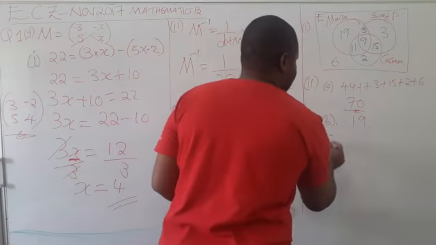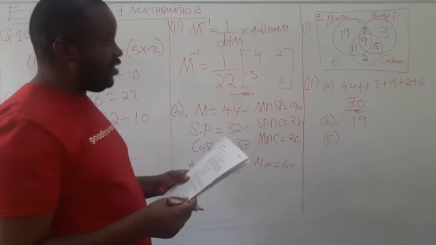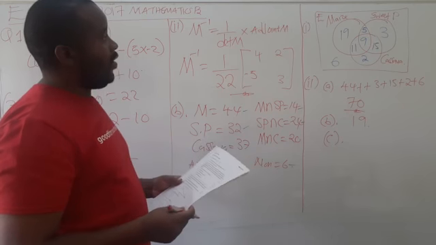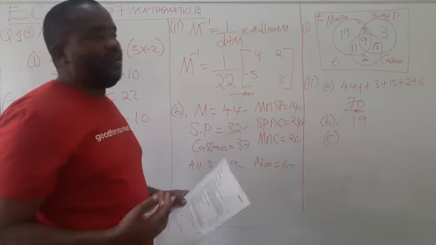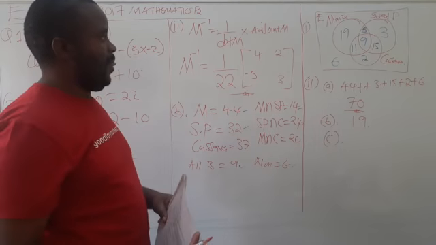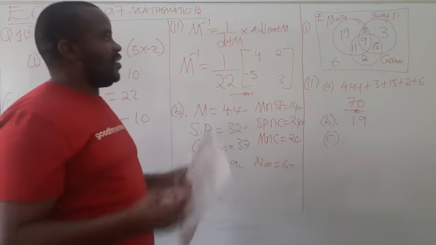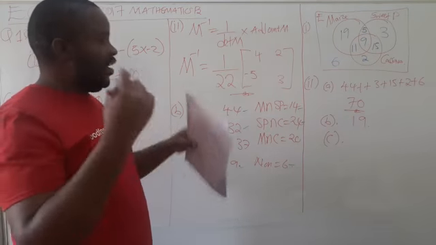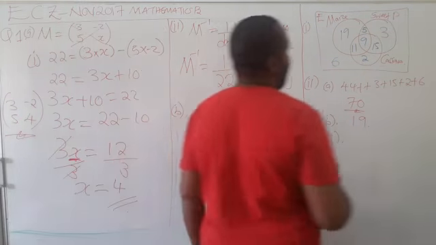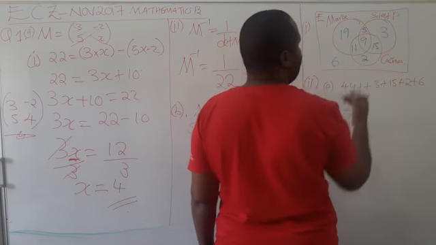Then C. We want the number of farmers who planted 2 different crops. Alright? 2 different crops. Not 3, but 2. Meaning that maize and sweet potatoes, sweet potatoes and cassava, cassava and the maize. In this case, what we have? We have got 5 plus this region. Alright?